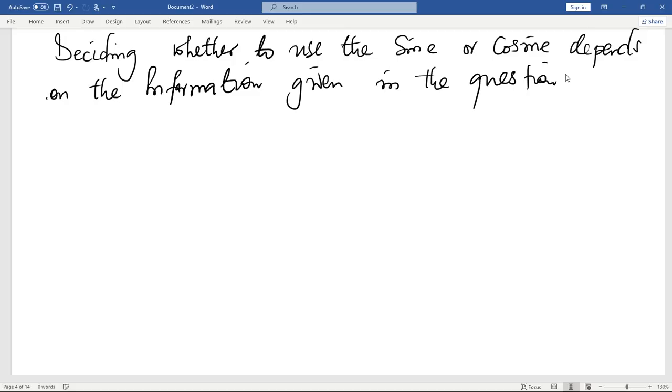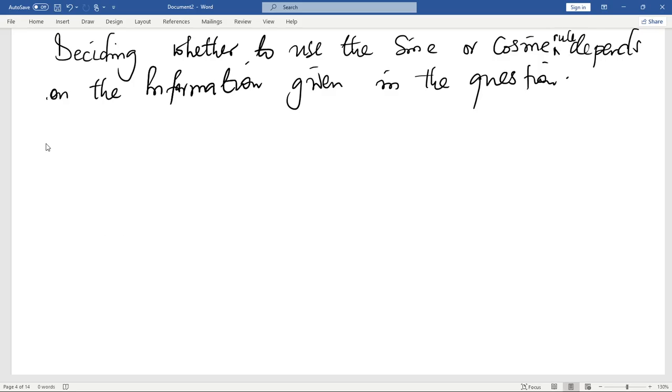Okay, so deciding whether to use the sine or cosine rule here, it depends on the information that you're given in the question here. So I'll give you two conditions which will help you in deciding whether to use the sine rule or the cosine rule here.